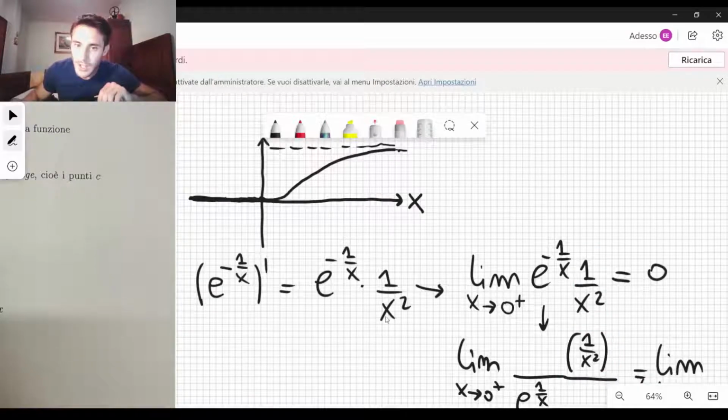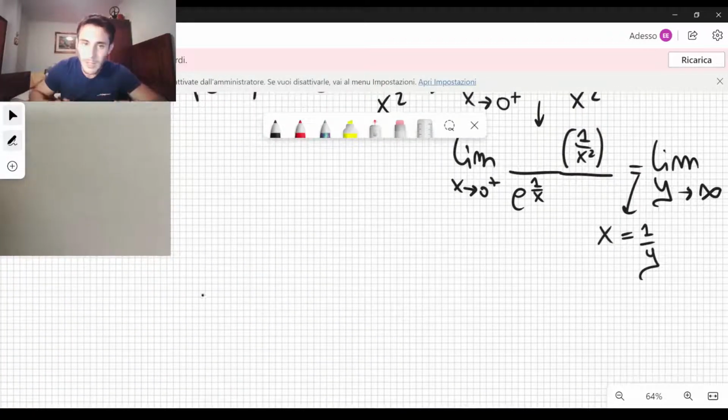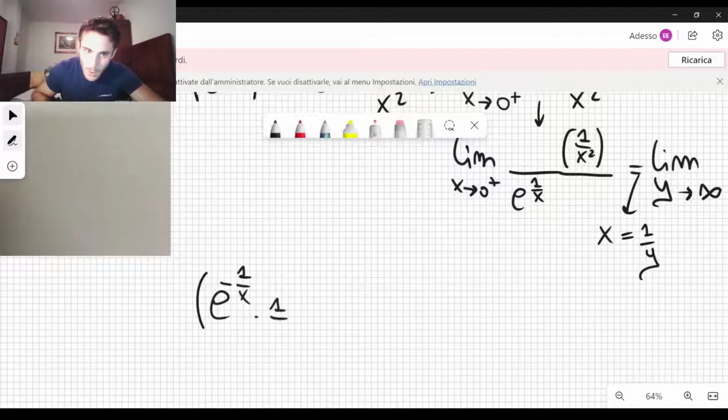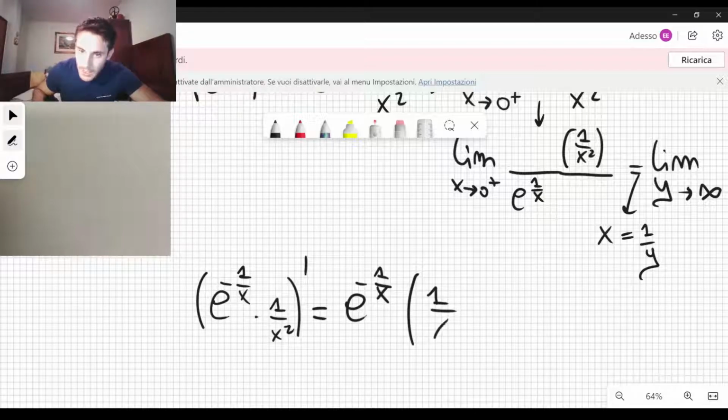Something similar for the second derivative. So the second derivative is simply the derivative of the first derivative, but the first derivative is e to the minus 1 over x times 1 over x squared, and you take the derivative of this. Well, the derivative is simply e to the minus 1 over x, and then you have 1 over x to the fourth minus 2 over x cubed.